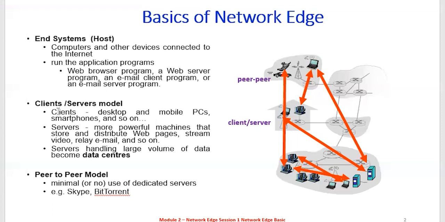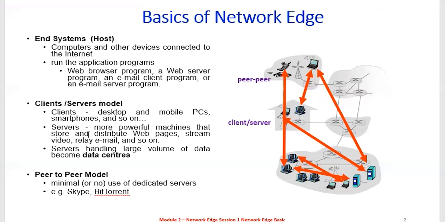In the client-server model, end systems, what we refer to as desktops, mobile PCs, smartphones, etc., become clients. The servers are more powerful machines that have the capability to provide large storage and distribute the web pages stored within them.